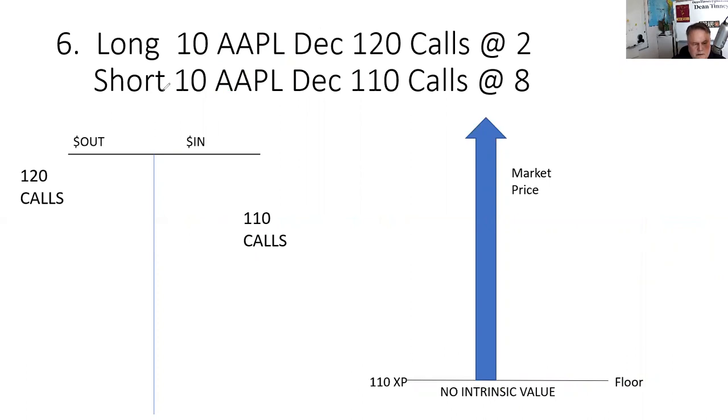And again, I told you the way I like to do this. By the way, I'm labeling this number 6 because this is a spread, and that's how we started. I'm just legging into a spread here. What I like to do is say, okay, what am I looking at? I'm looking at an obligation, as on the previous slide, an obligation to sell the stock at the strike price.